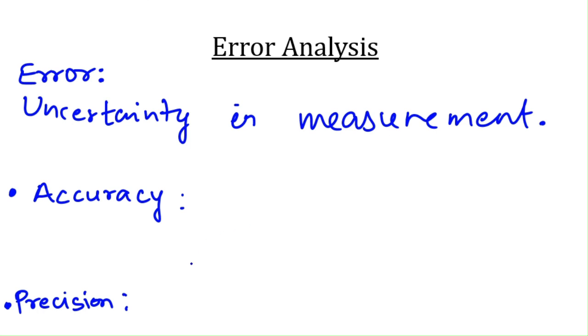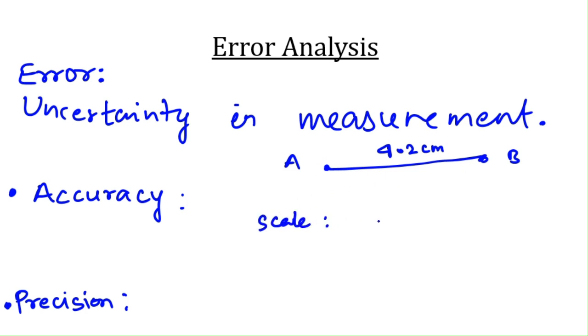But if we are using greater resolution scales, greater resolution instruments, we are measuring the values more precisely. Let's take an example so that it will be obvious. Let's say there is a line segment AB and its reported length is 4.2 centimeter. Now, if we are measuring this line segment with a scale having 1 centimeter marks, this scale has a least count of 1 centimeter. It can measure up to the smallest distance of 1 centimeter.